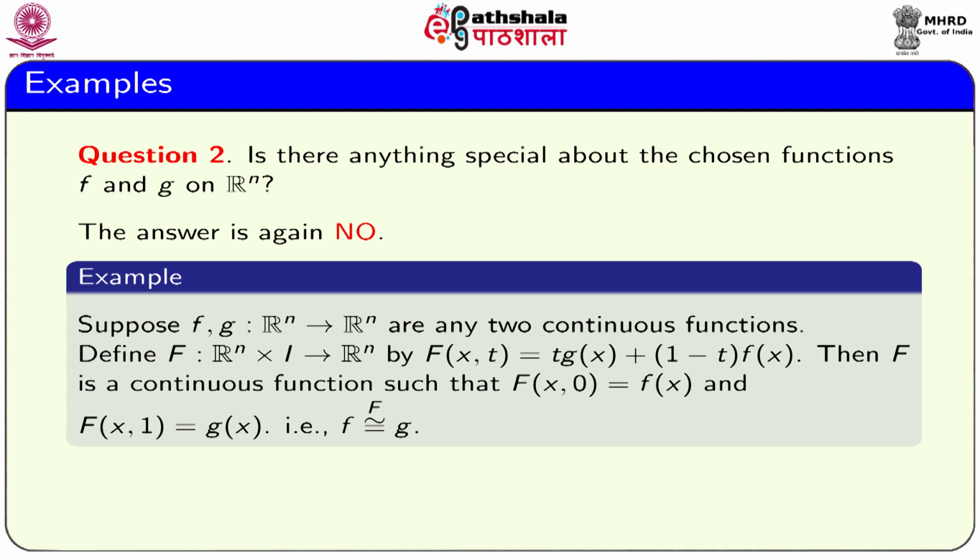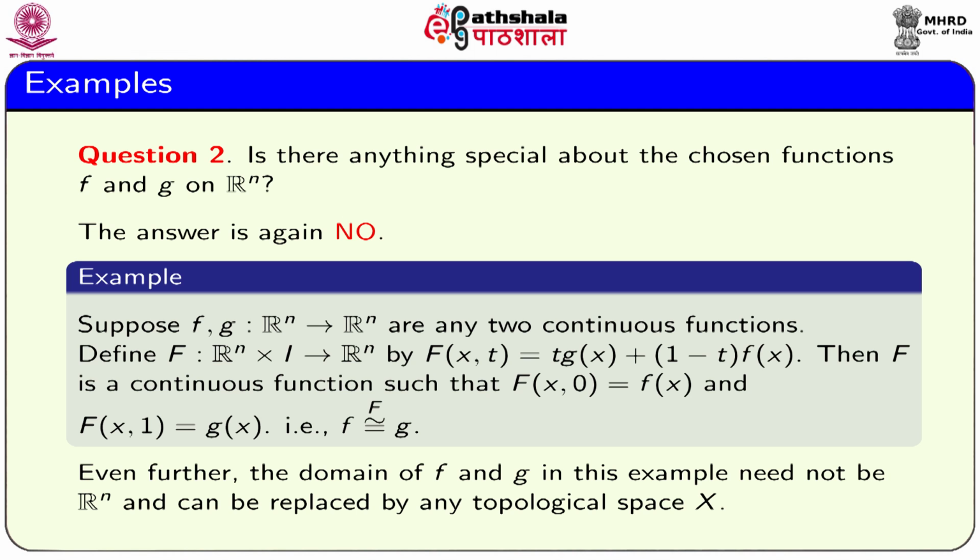In this case also, define a function capital F from R^n cross I to R^n given by F(x,t) equal to t g(x) plus (1 minus t) f(x), where x varies over R^n and t varies over I. In this case, capital F being a convex combination of f(x) and g(x), it is continuous, and F(x,0) equal to f(x), F(x,1) equal to g(x). So this capital F is a homotopy between f and g.